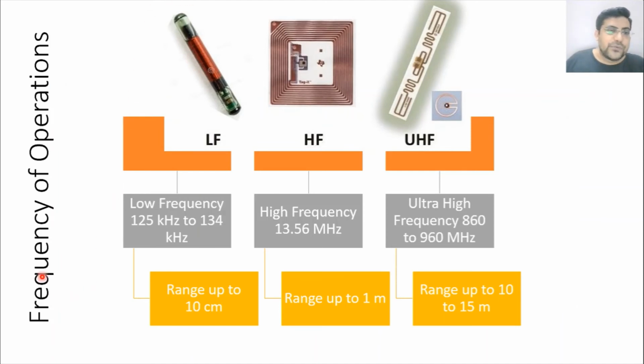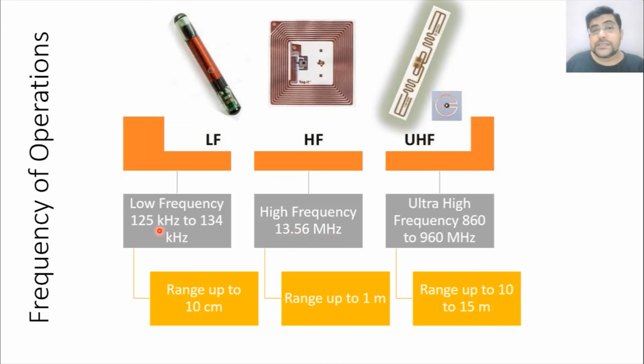So there are a few frequencies of operation, showing how tags work. The low frequency starts from 125 kilohertz to 134 kilohertz, and the range is up to 10 centimeters. This is the low frequency tag, and the tag used for library is the high frequency tag, and then there is the ultra high frequency tag. The high frequency tag works on 13.56 megahertz.